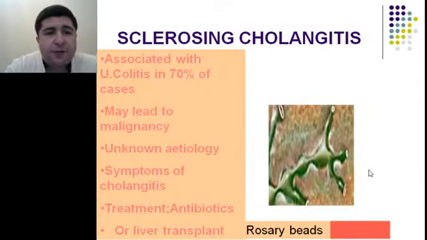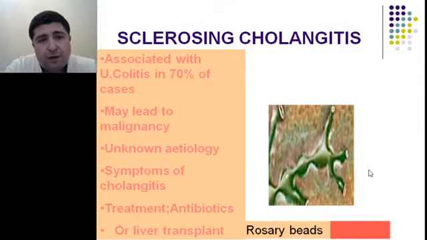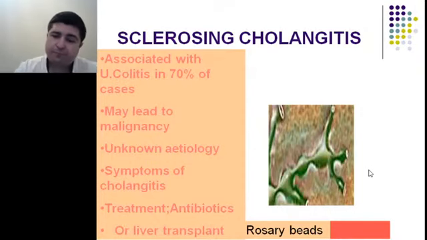Sclerosing cholangitis is usually associated with colitis in 70% of the cases, may lead to malignancy, and has unknown etiology. Symptoms of cholangitis will be present, and treatment of this condition is antibiotic therapy, or surgical treatment, which is liver transplant.